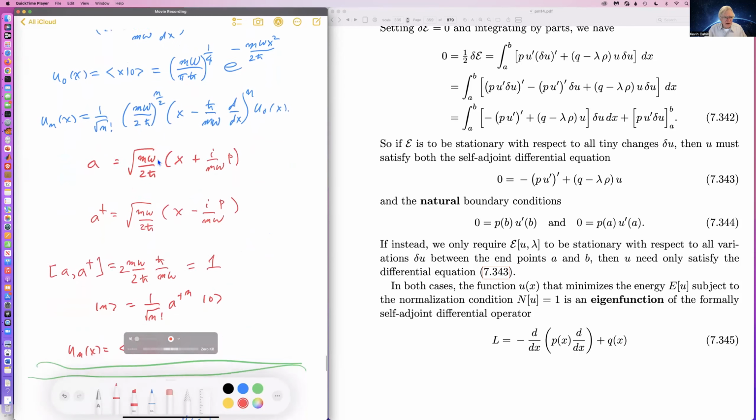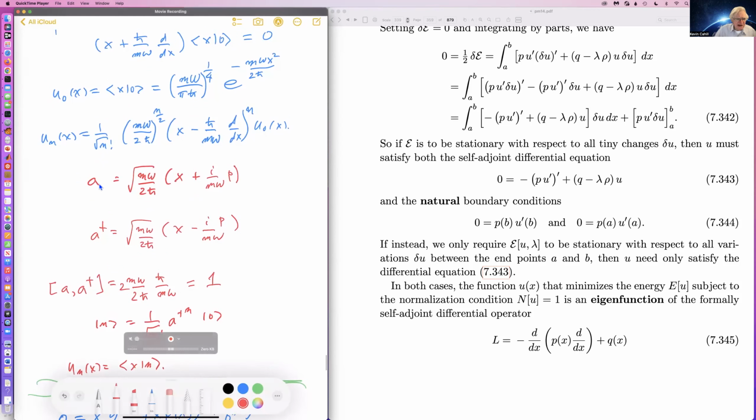Anyway, the solution is that, and the higher order states are just given by acting on the ground state wave function, which is this, by powers of this. And the way we think about this is we say a, the annihilation operator or the lowering operator, is this factor times x plus ip over m omega. Well, p of course is h bar over i, so this is this h bar over m omega term, and this one here is minus h bar over m omega.